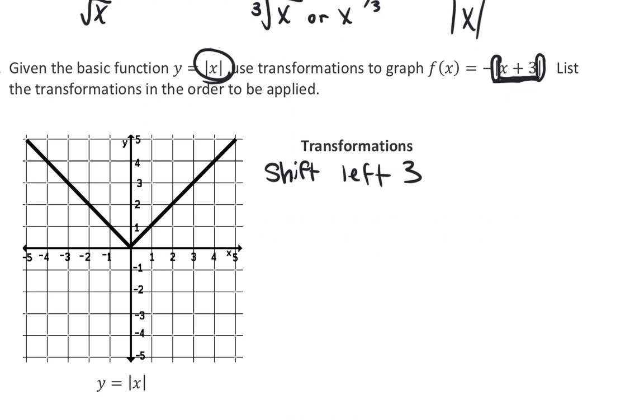So I'm going to pull out my red. We're now going to have our vertex here, and we're going to go up each of these points this way and that way. So this is x plus 3. And then we apply everything on the outside, and that's going to be this negative sign. We don't have anything else.